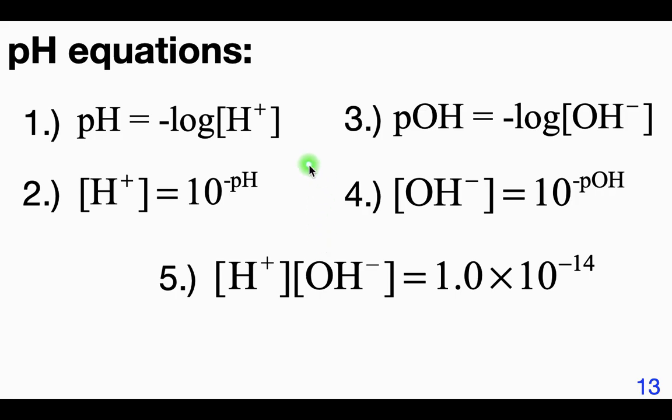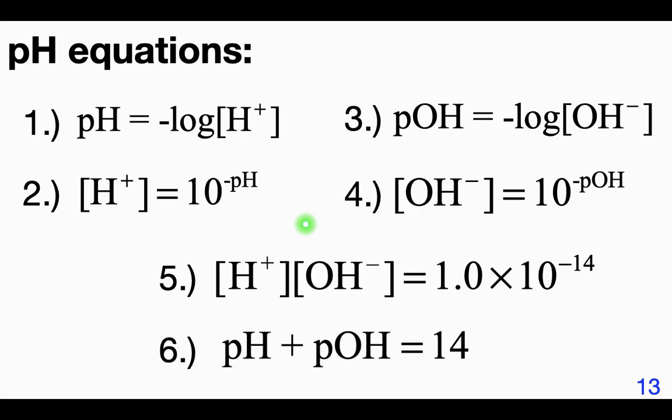And as one goes up, the other would go down. We would always have the same sum of the two, and that's 14. So whenever we know the pH, if we just subtract that from 14, we can get the pOH. So these are the 6 equations that we're going to be using. Now I hope I walked you through it enough so that you're not completely lost, but at the end of the day, we just need to be able to use these equations.